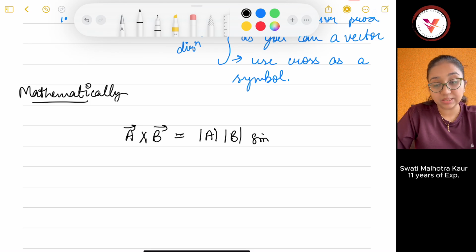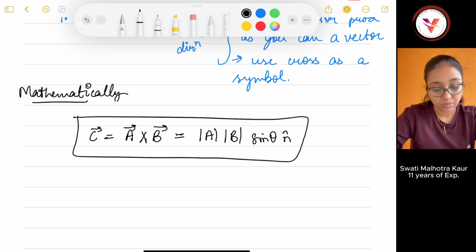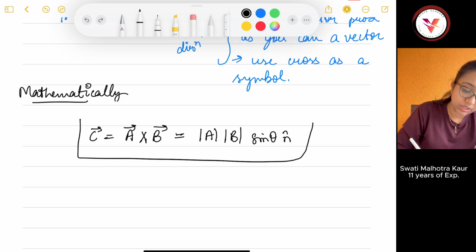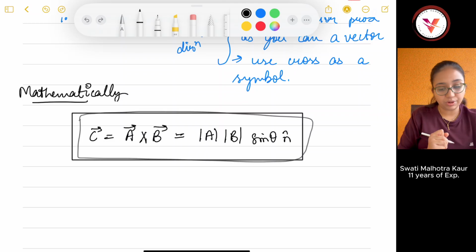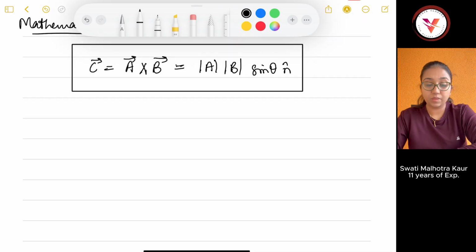And since the answer is a vector, this is a unit vector n cap, which is the direction of this C vector. So this is its mathematical expression. But what it is exactly, how you can remember it visually, and what the other things are, we are going to discuss in this vector product lecture.